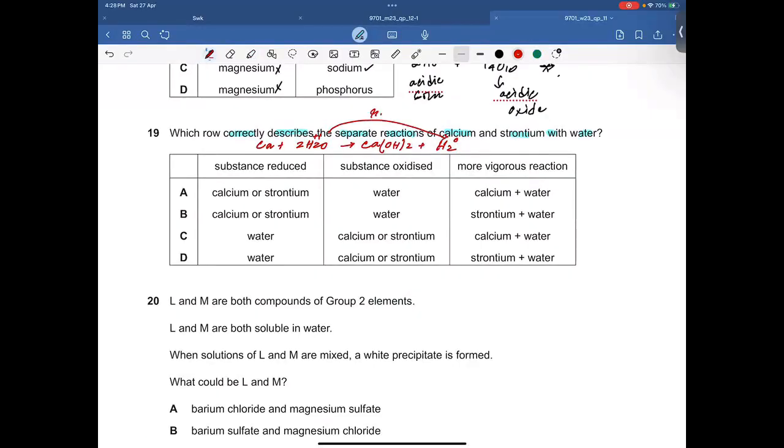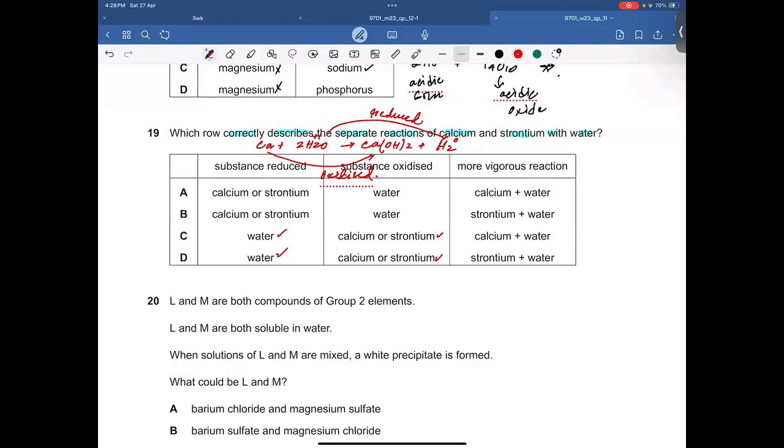That means hydrogen ions are reduced, whereas calcium is converting into calcium ion, so it is getting oxidized. The substance reduced is basically water, because the oxidation state of hydrogen in water goes from +1 to 0. Substance oxidized, calcium or strontium, because the oxidation state changes from 0 to 2+.